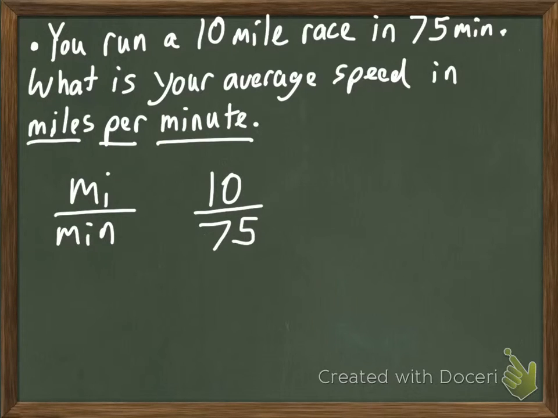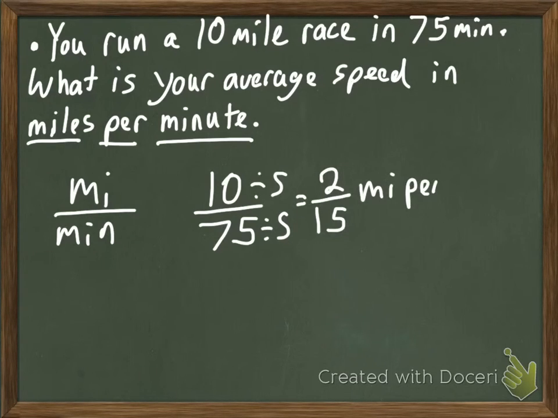We can simplify this further. These are both divisible by 5. And we get 2 over 15. I was right, it is 2 over 15. So now it's 2 over 15, and this is miles per minute.